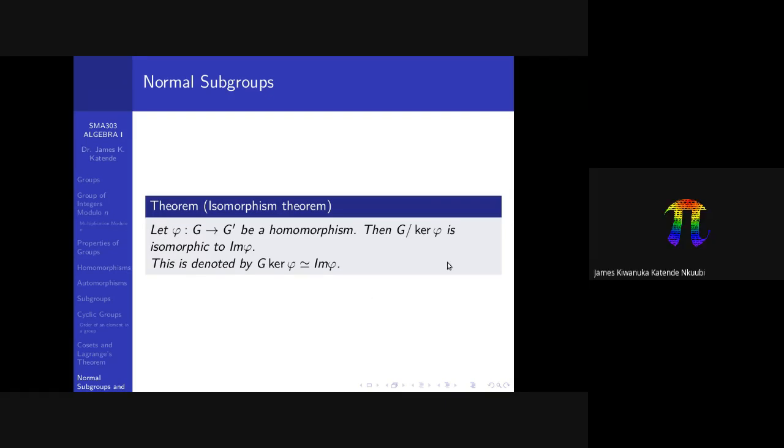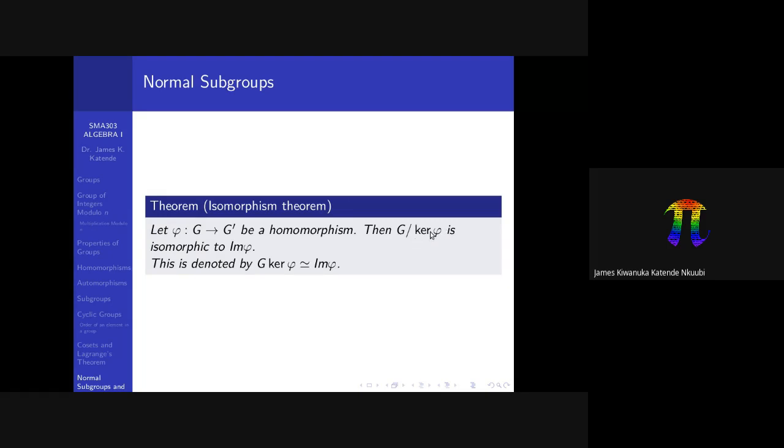So technically, what this simply means is that you need to show that you can have an isomorphism from this factor group to the image of the homomorphism. Remember, the image is a subgroup of G prime. We showed that earlier. The image is always a subgroup of the codomain for a homomorphism. So basically, this will be a map from this group to this group, because the image is a subgroup, it's also a group.